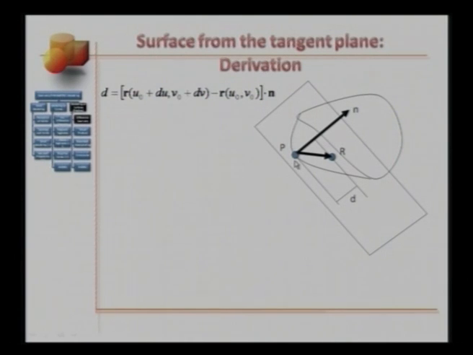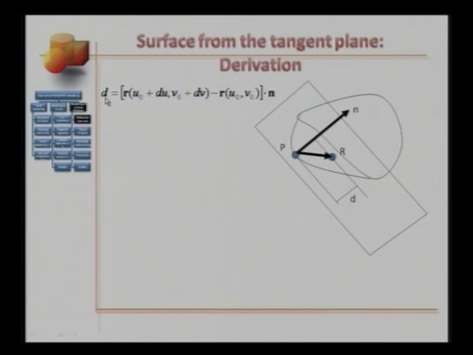So if at P the position vector is r(u0, v0), which is this point here, and if at R the position vector is r(u0 + du, v0 + dv), then PR is given by the position vector of R minus the position vector of P. D is the projection of PR on this normal.